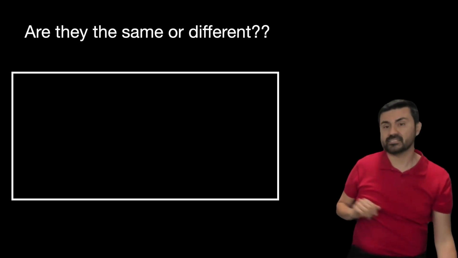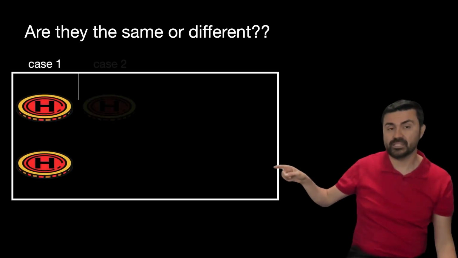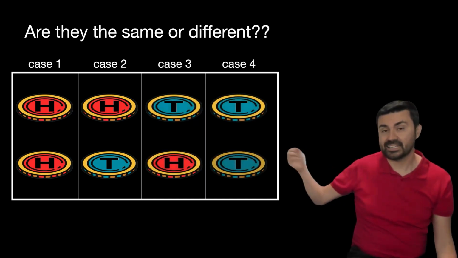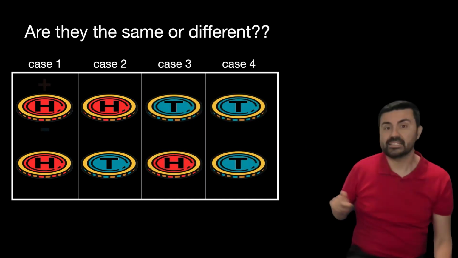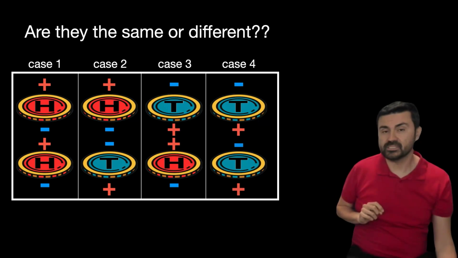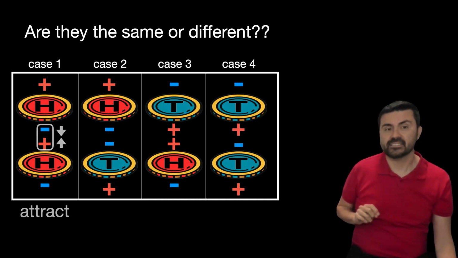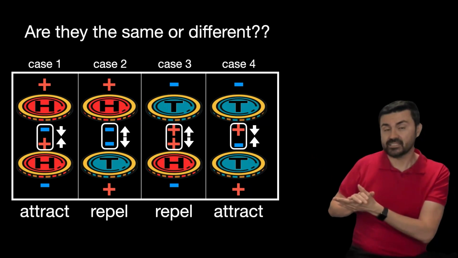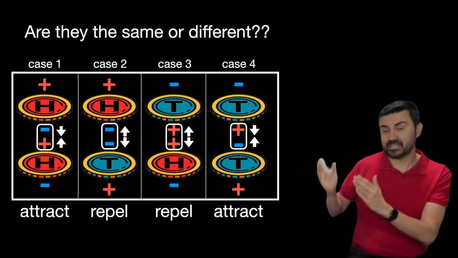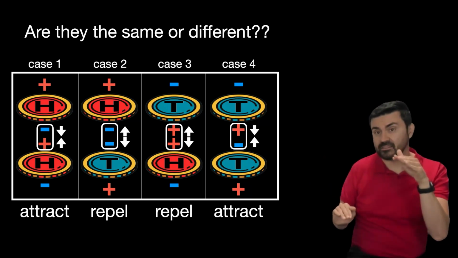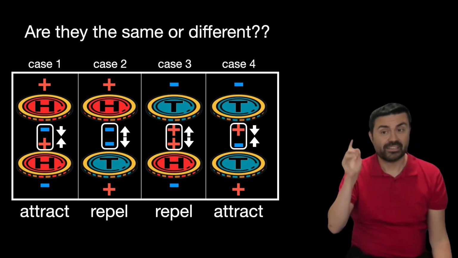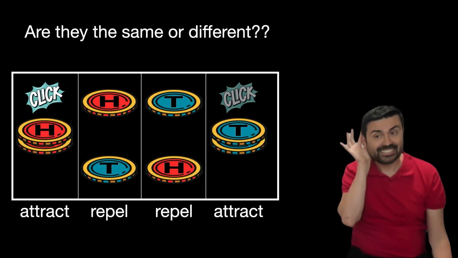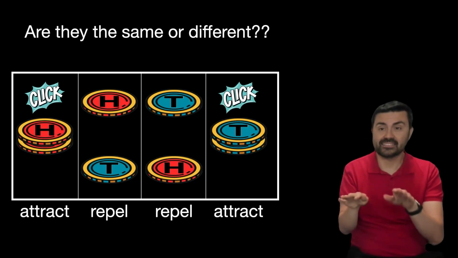So let's look at the 4 cases. We have heads heads, that's case 1, then heads tails, case 2, tails heads, that's case 3, and tails tails, which is case 4. And here are their magnetic poles, and notice that when they are the same, they have different magnetic poles, so they attract, and when they're different, they have the same magnetic pole, so they repel. So now all we have to do is, without looking, we just listen, and if we hear a click, it means the coins had the same face.